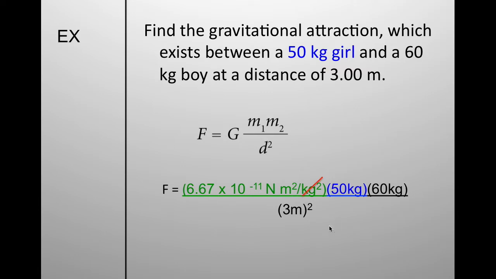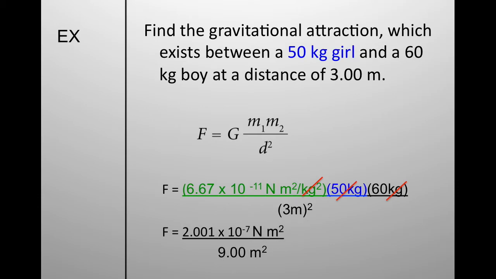After you solve for everything, there will be some units of measurement that will cancel out. So you have kilograms squared over here, but you also have 2 kilograms, so those are going to cancel out. And when you multiply everything on the top part, it would come out to this, and Newton meters squared is what's left in the units of measurement.